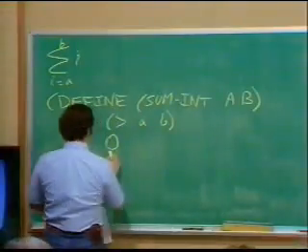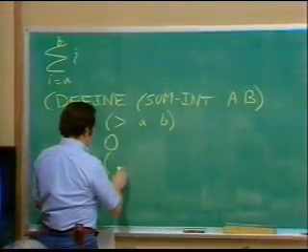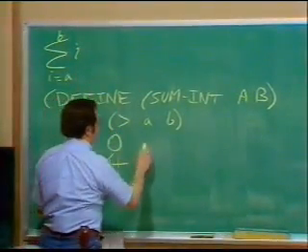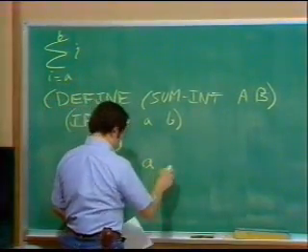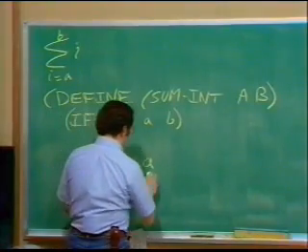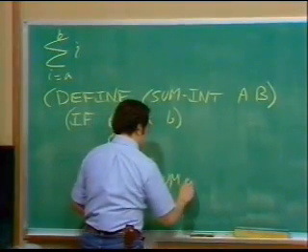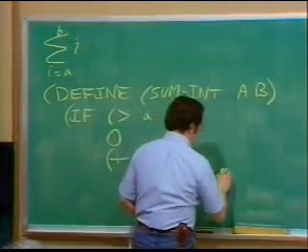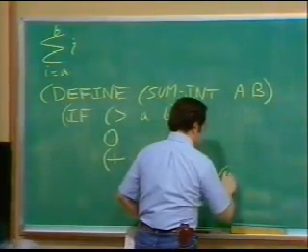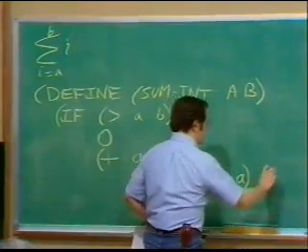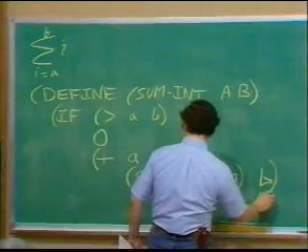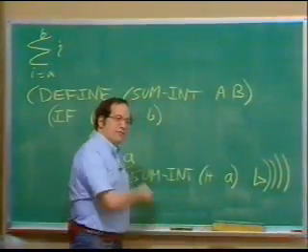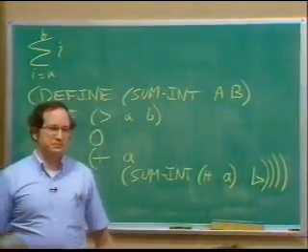So the easiest way to do this is say that I'm going to add the index, which in this case is A, to the result of adding up the integers from A plus 1 to B. Now, at this point, you should have no trouble looking at such a definition.